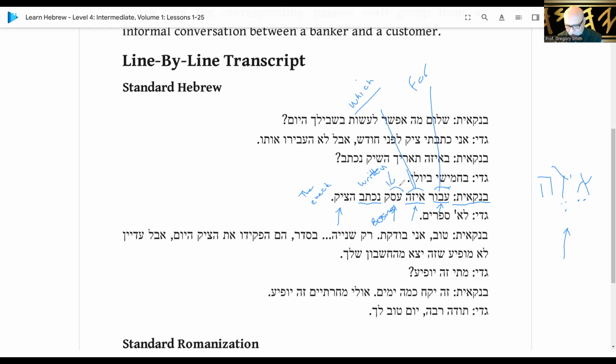A lot of these are new, so I'm belaboring this just to get practice. עסק. So it's like esek. It helps me to have the vowel pointing to put it in my head.